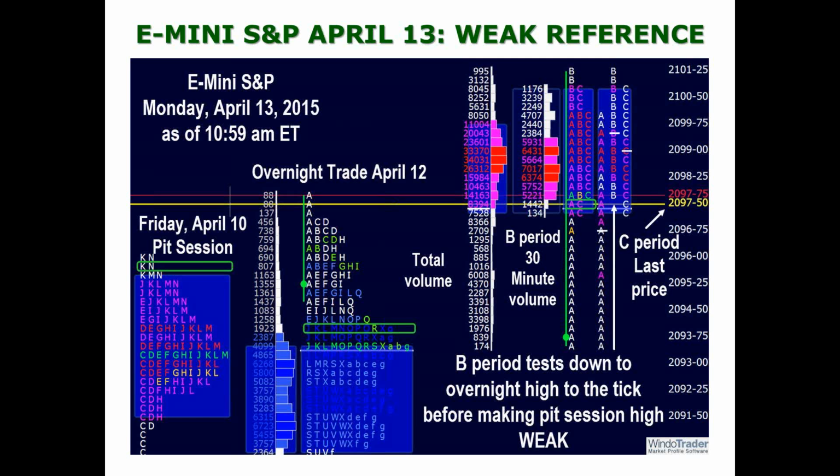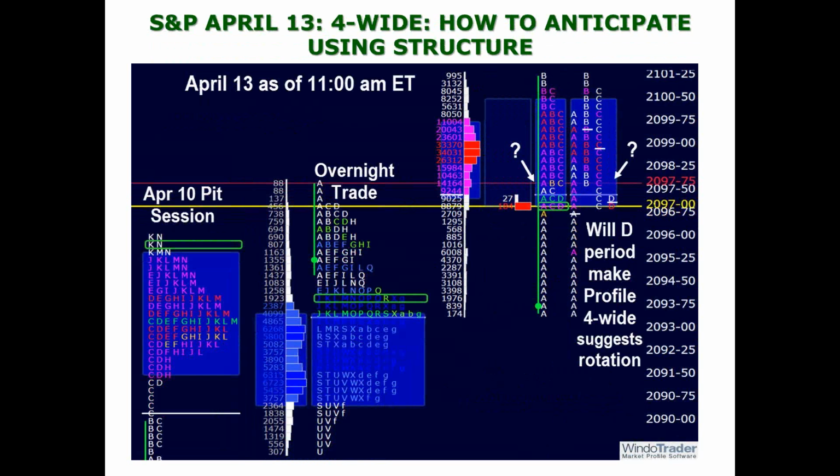So what I did, I made these and Julia dressed them up. So will D period make the profile 4 wide, which would suggest more rotation? Now keep in mind, if D period doesn't print at 2097.75, it'll be 3 wide here and it'll be 2 wide here, so it'll have a little bit of elongation.